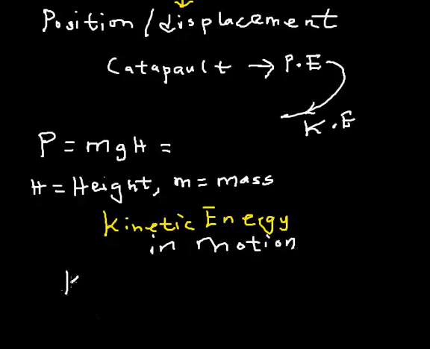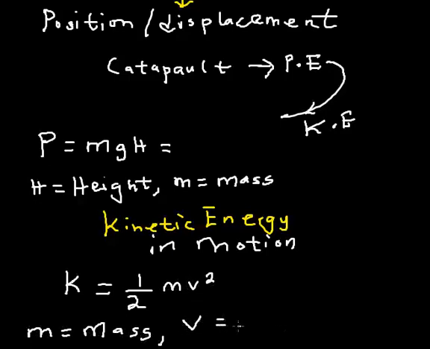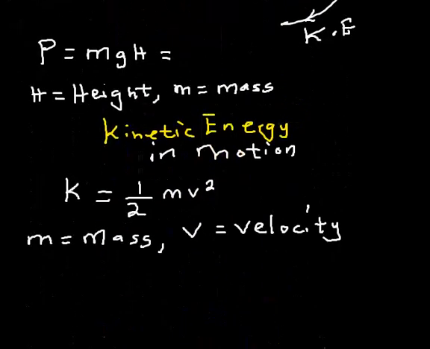So kinetic energy by formula is equal to half mv square. Of course, we know that m still remains the mass of the body. Then v is the velocity of that particular object. Okay, so I hope that is well understood.